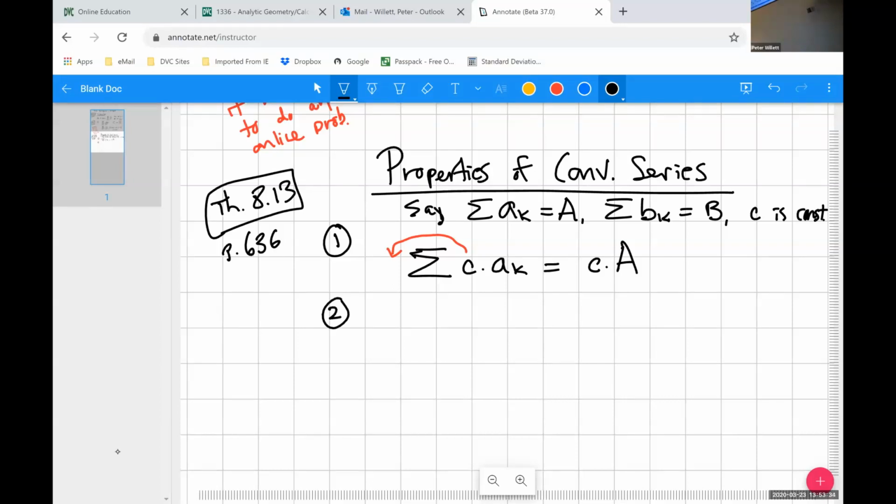And then we also have, if I have a summation of the a terms plus the b terms, well, then I can split up the summation as we've done before. I can do the sum of each of those separately, and I know the a's go to a and the b's go to b, so this would just give me a plus b.